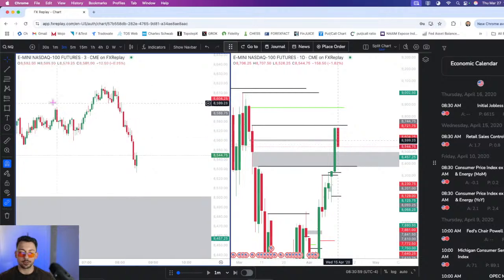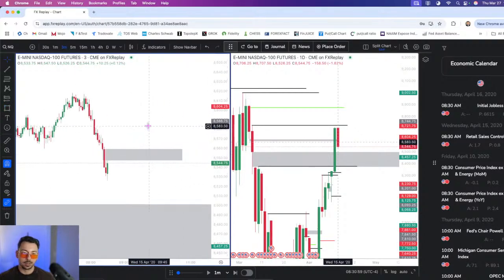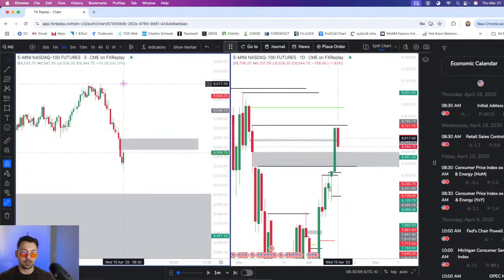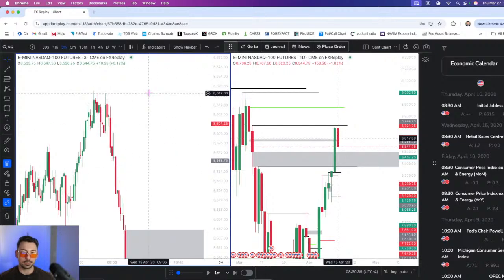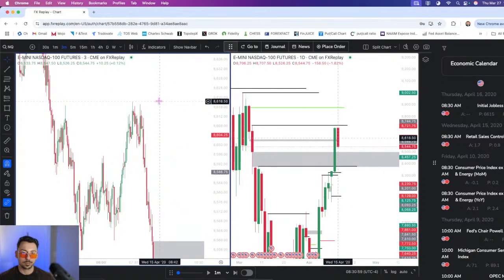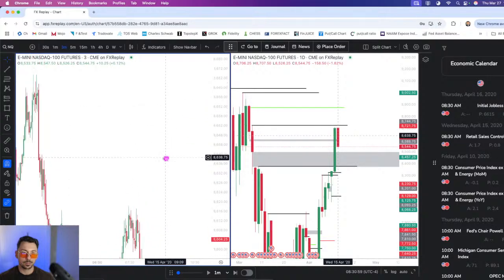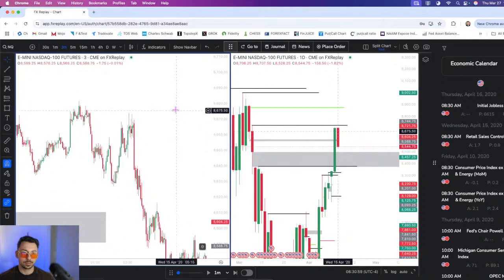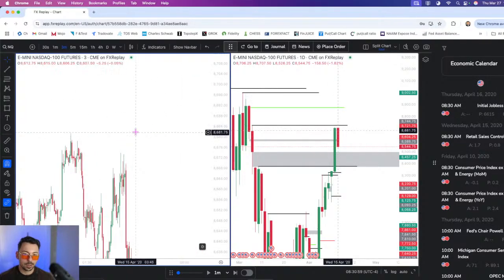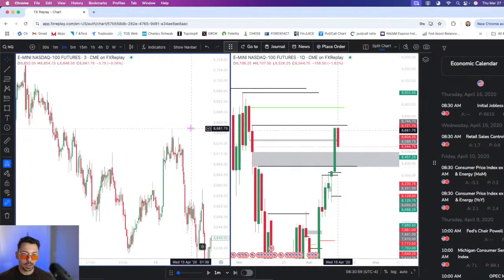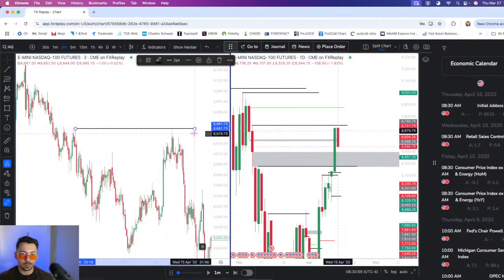So this is 8:30, so I'm not really as fond of taking a trade here. But this isn't half bad. Let me see if there's any equal highs. No. Okay, there are perfect equal highs right here.